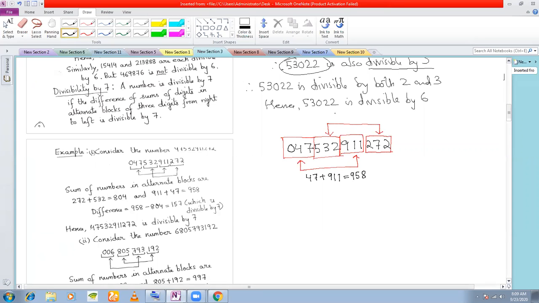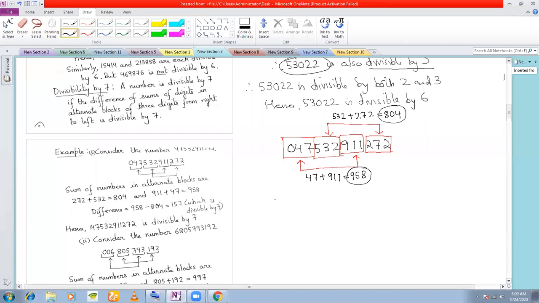Here you add up 532 plus 272. You get 804.